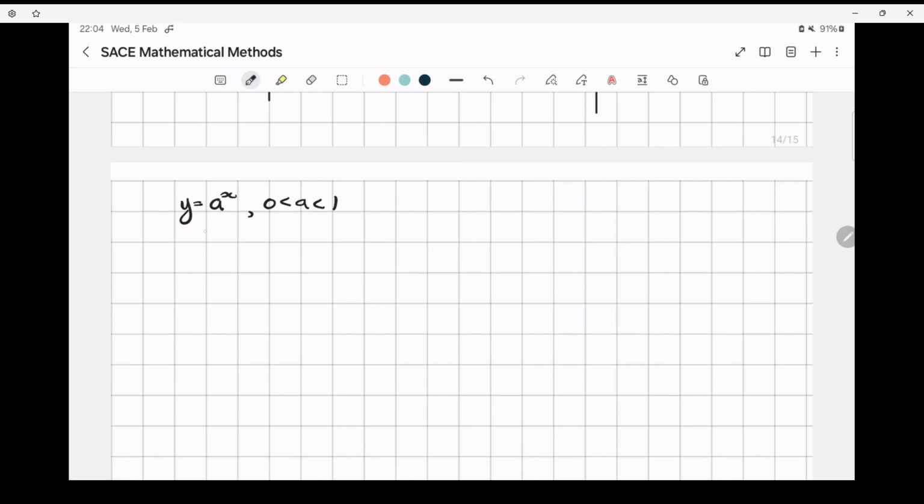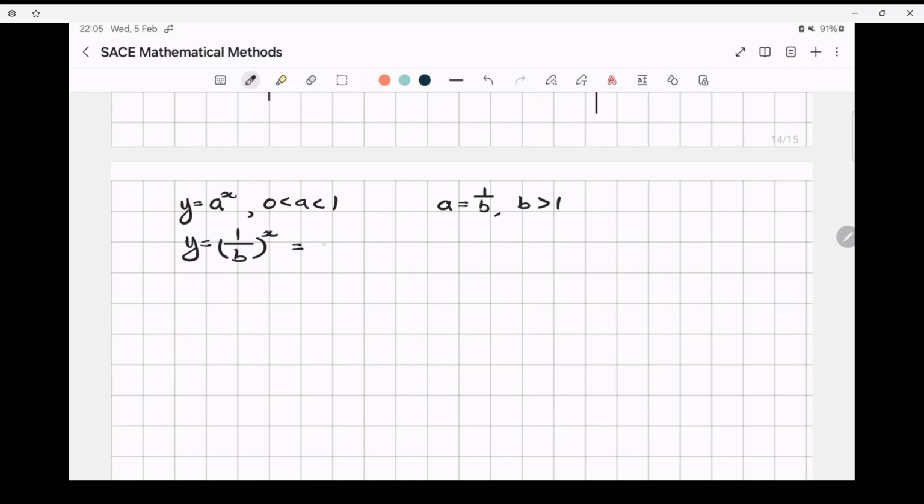This corresponds to a equals 1 over b, and b is greater than 1.